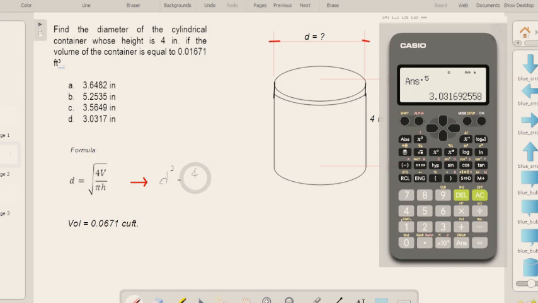But this formula comes from the formula of the volume of the cylindrical container. If we get back to the original formula, we can square both sides.